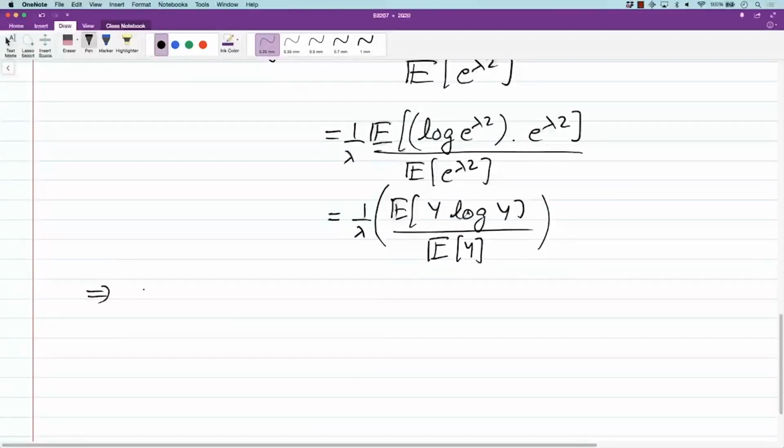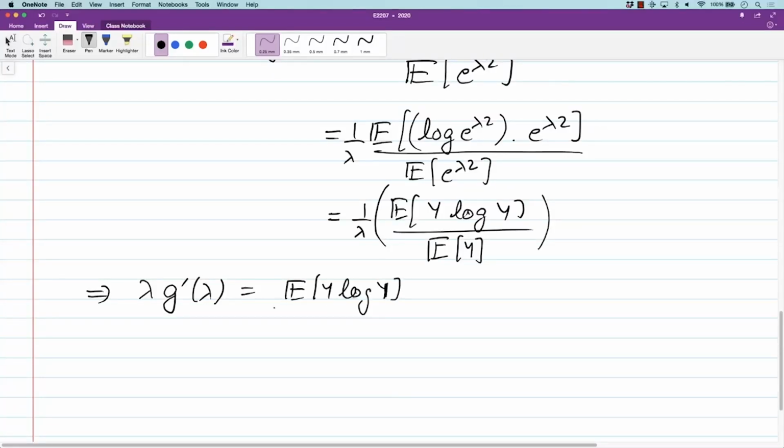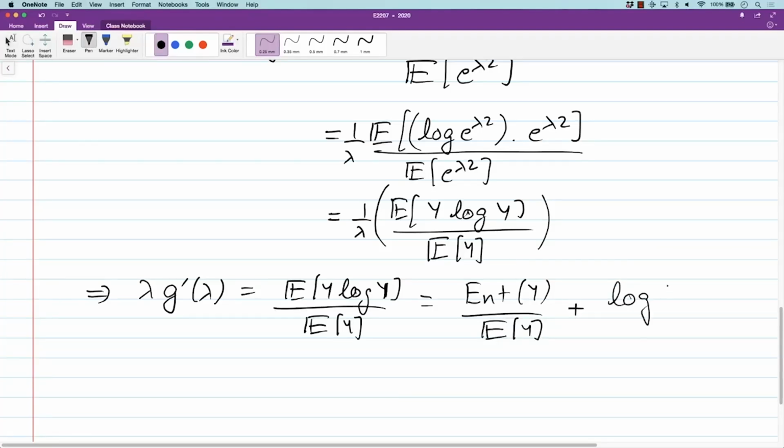So lambda times g prime lambda is the expected value of y log y by the expected value of y, which is equal to the entropy of y by the expected value of y plus the log of the expected value of y.